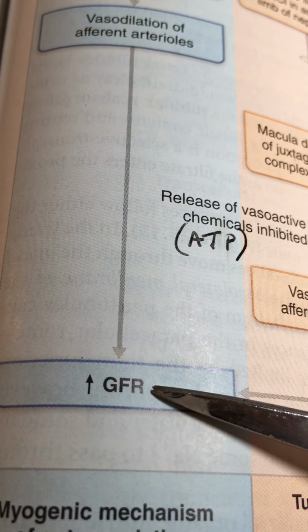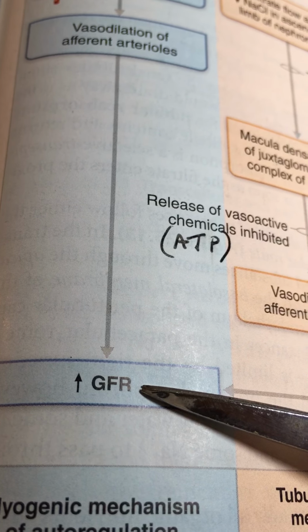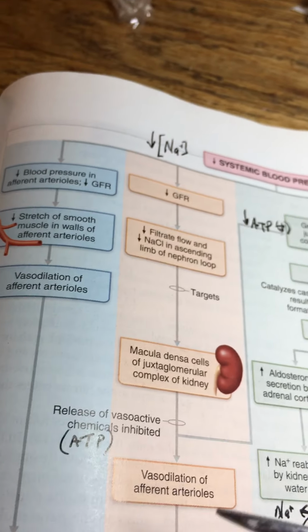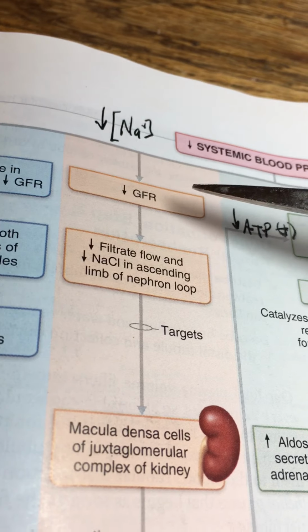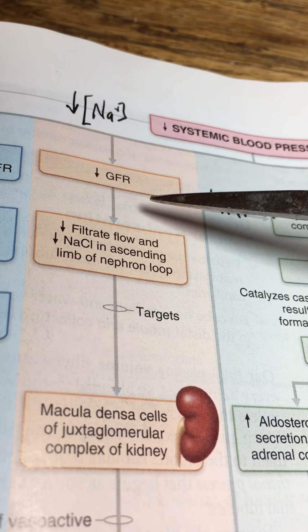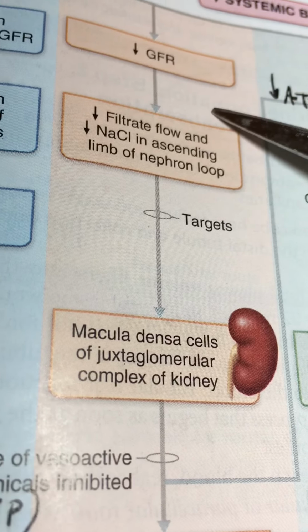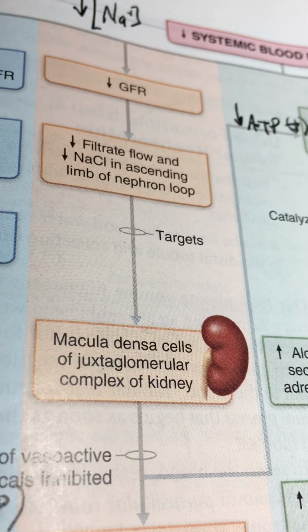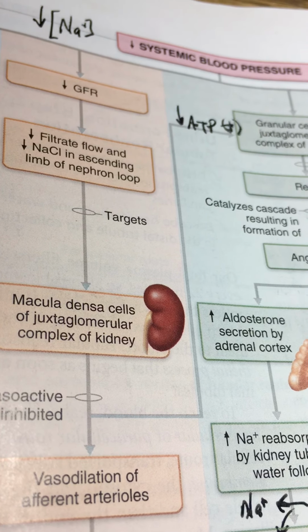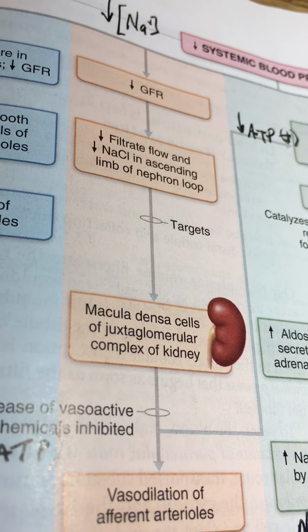That should increase the glomerular filtration rate, but there are limits to that. In the absence of other mechanisms, we're going to have to go over here and take a look and see what happens. Ultimately, we're looking for renin to be released from the system.